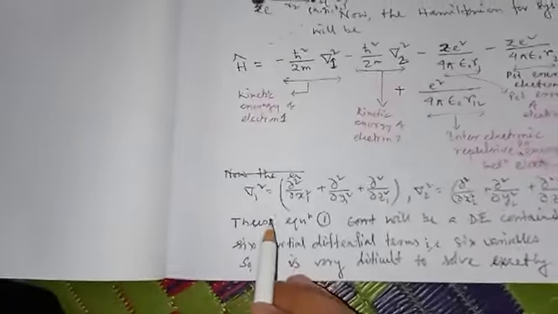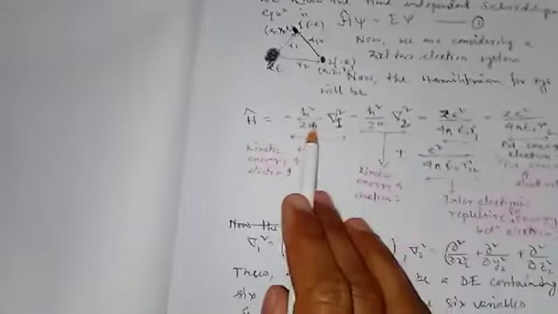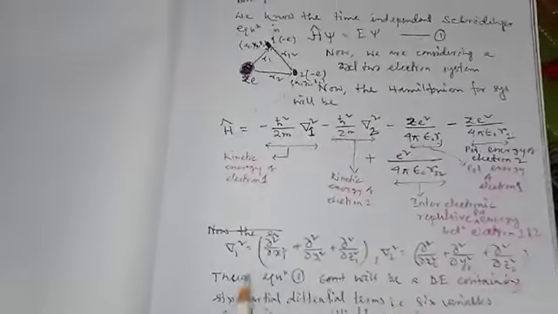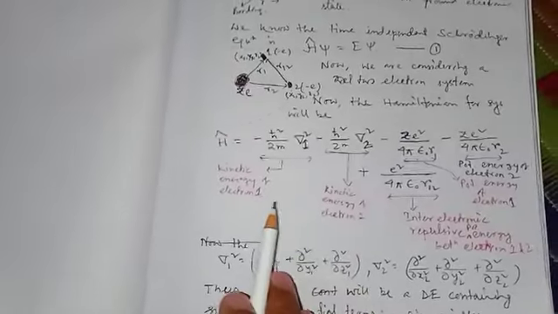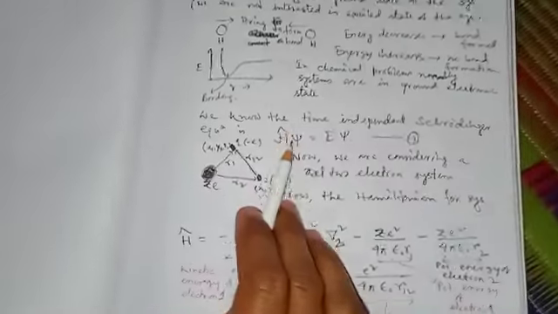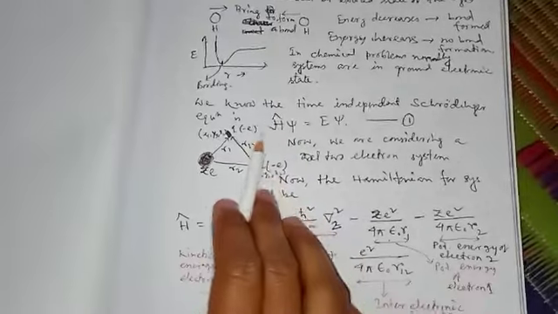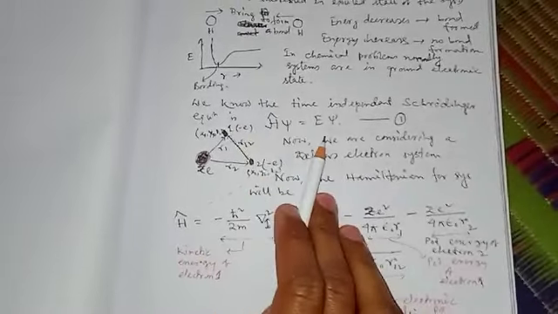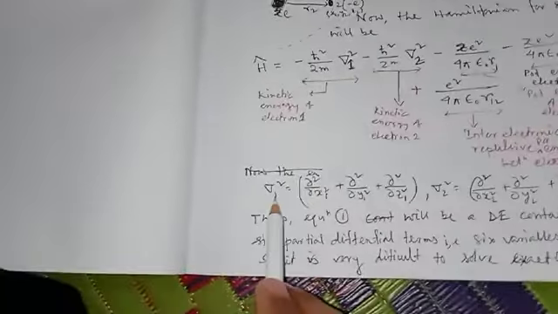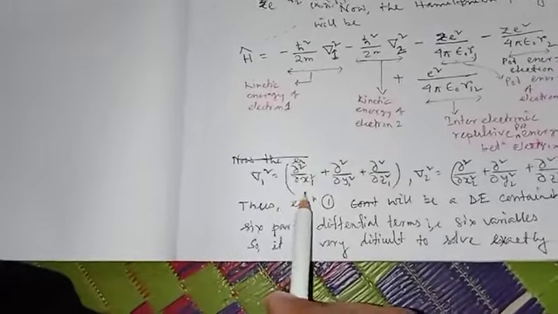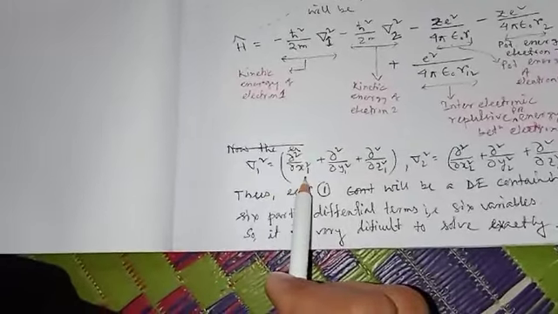And now we have 1, 2, 3, 4, 5 terms. These 5 terms we can put in place of the Hamiltonian operator, and then H psi will be E psi. If we look carefully at del 1 squared and del 2 squared, they are not a single term. They basically consist of 3 differential terms.